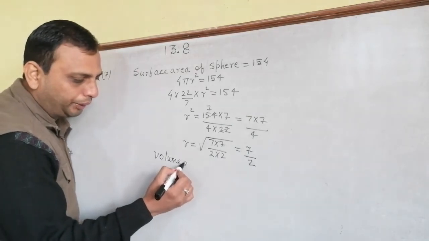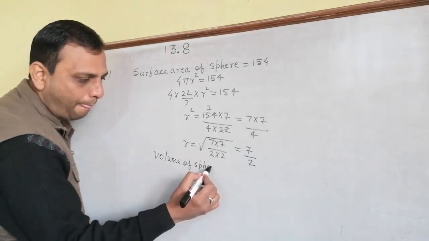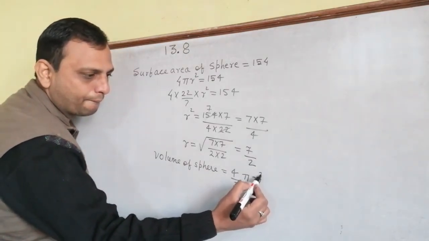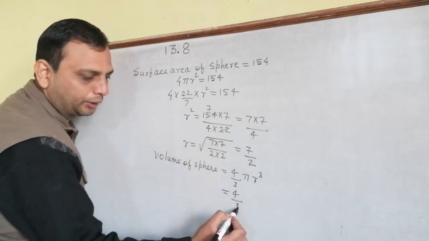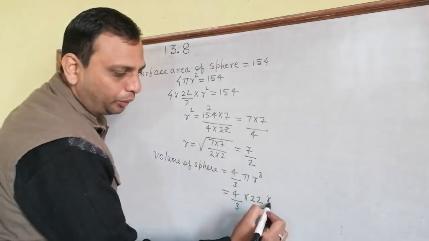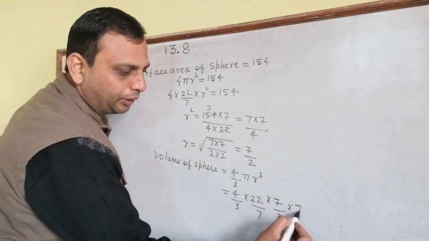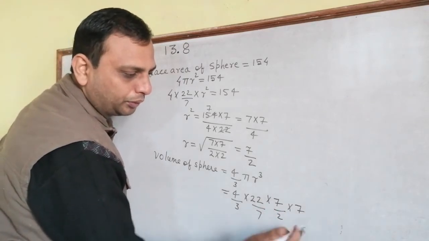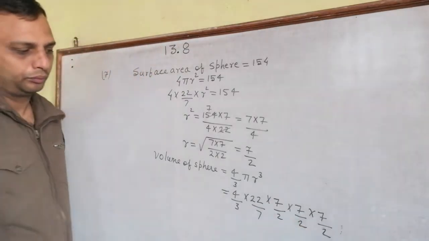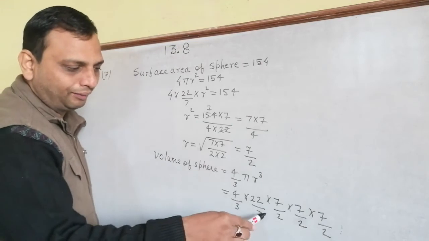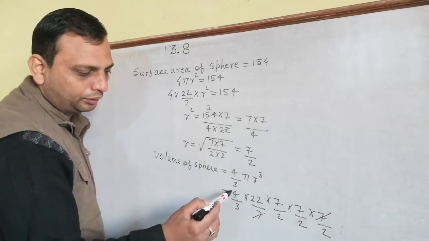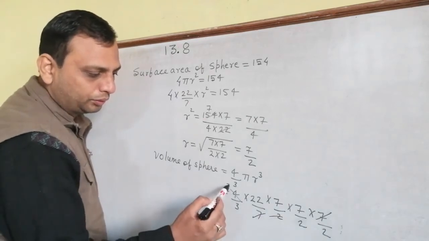Now we can find the volume of the sphere. So volume of the sphere is 4 upon 3 into 22 upon 7, r is 7 upon 2, 7 upon 2. This 7 will cancel with the 7, 2 will cancel with the 4.